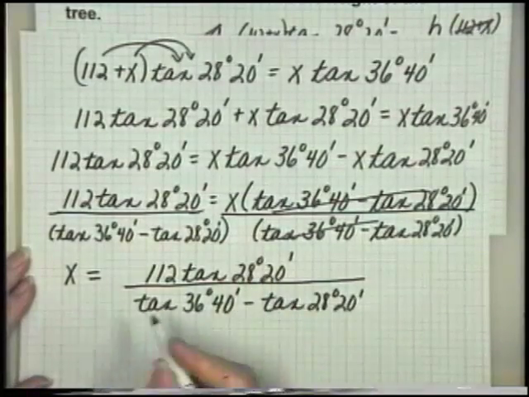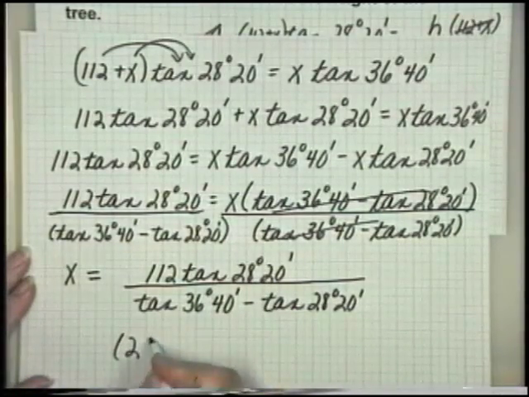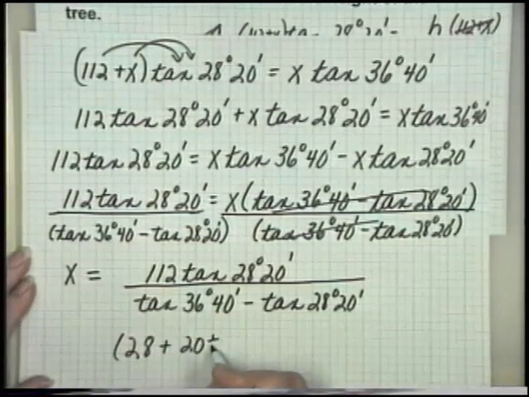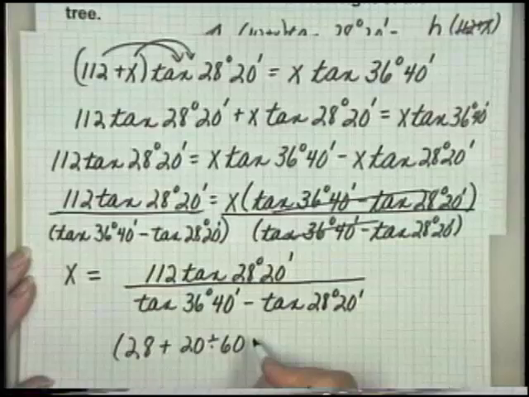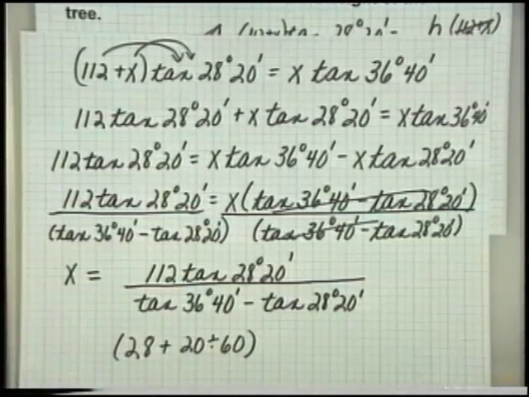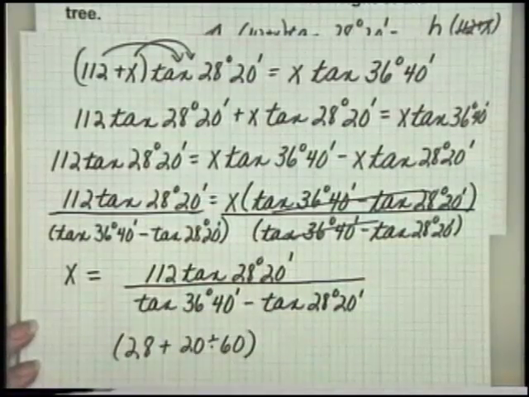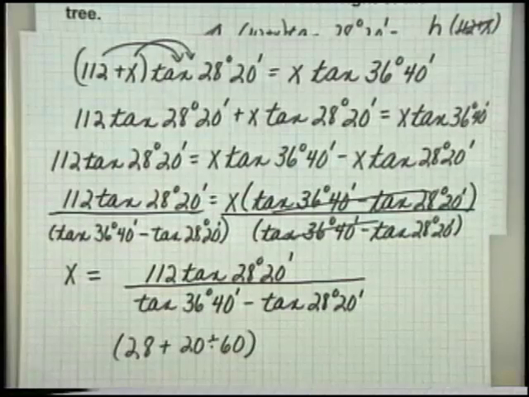If you don't know the shortcut way to do that, then what you would do is put that 28 plus 20 divided by 60, close parentheses, and that is one way that you could do that, and then find the tangent of that.